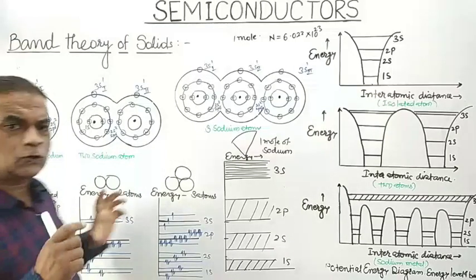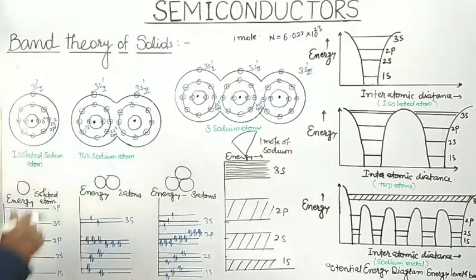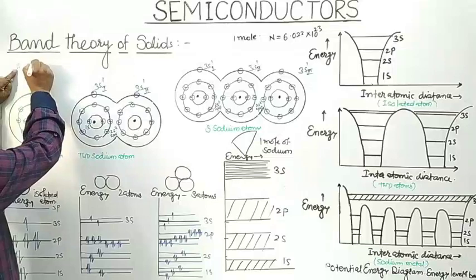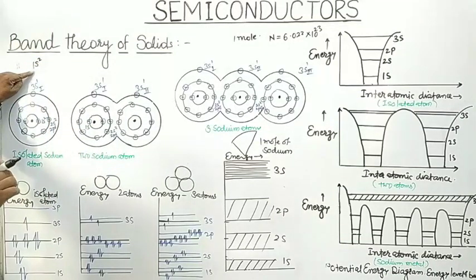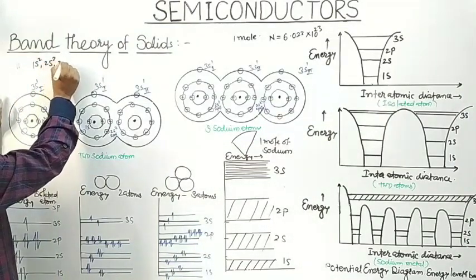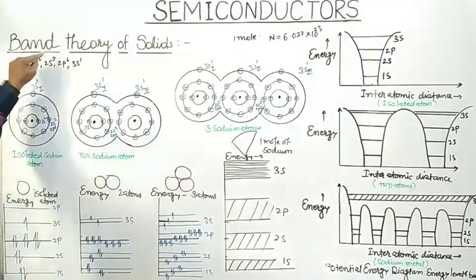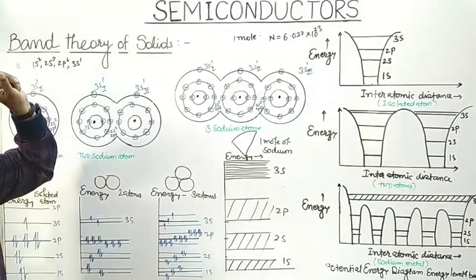So as far as sodium atom is concerned, what is the electronic configuration of an isolated sodium atom? See here, in all 11 electrons are there. Out of these 11 electrons, 2 electrons must lie in the 1s energy level. So 1s2, 2s2, 2p6, and the last one is 3s1. 2 plus 2 plus 6 plus 1 is 11.